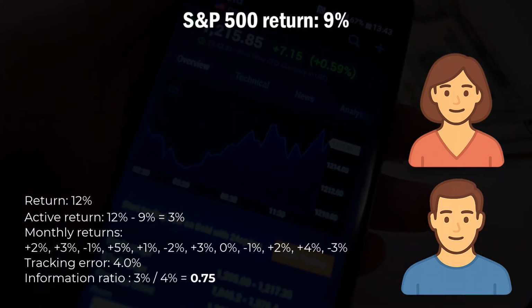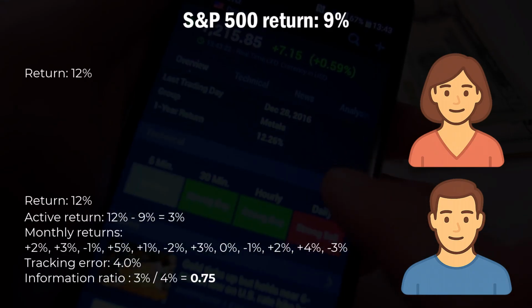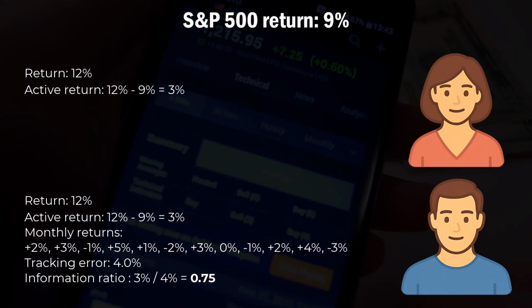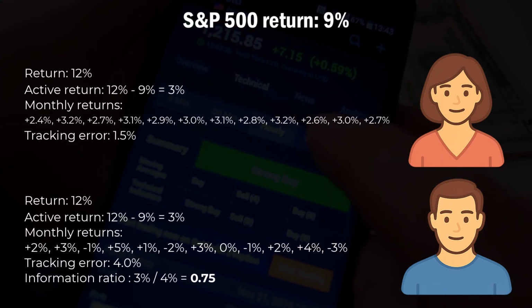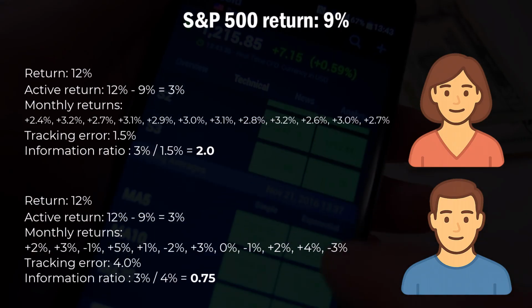Let's do the same with Alice's portfolio. She also has a return of 12% minus the 9% benchmark of the S&P 500 equals also 3%. But if we now take the standard deviation of Alice's monthly active returns, we get a tracking error of around 1.5%. Let's put this also into the information ratio's formula, and this gives us an information ratio of 2.0.